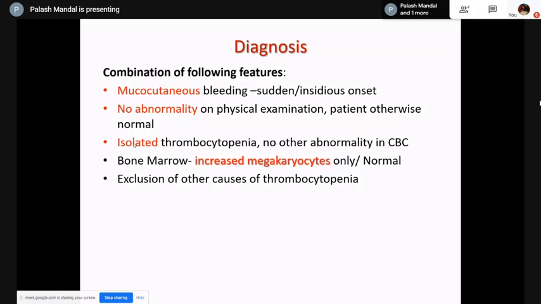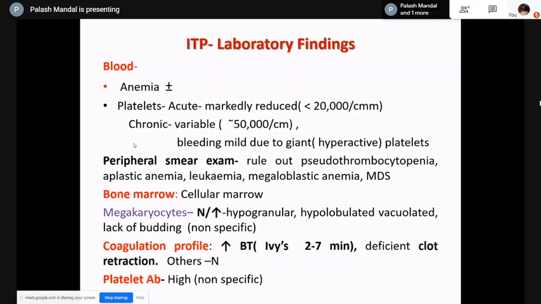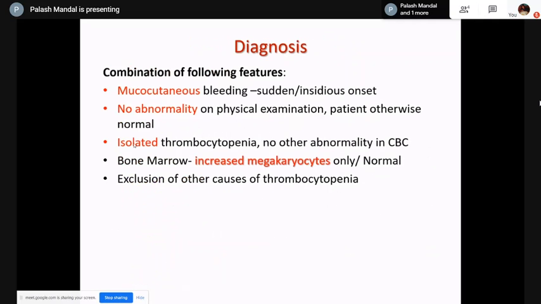So that is why bone marrow examination was placed before the coagulation profile, but the coagulation profile is easier to perform, because for bone marrow examination you have to take the patient to a particular place and in a particular setting and then do it.